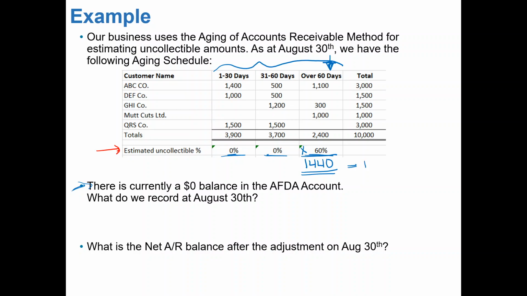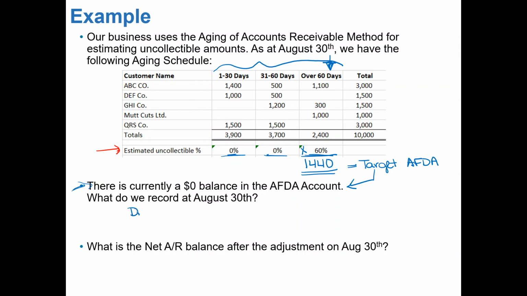Again, remember this is our target AFTA. That's what we want in the account. Well, it says here that we currently have zero in that AFTA account, so we need to book the full amount in order to get that balance.